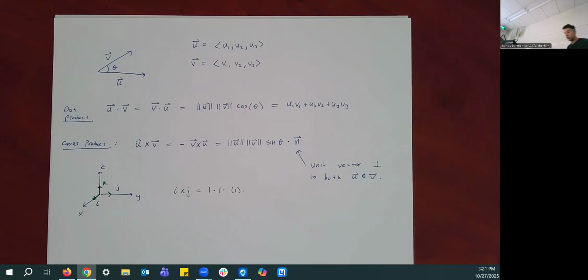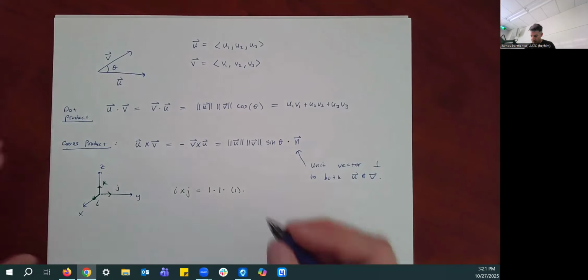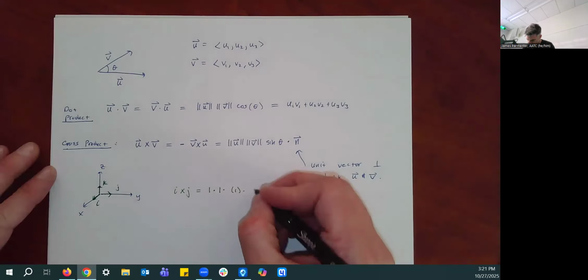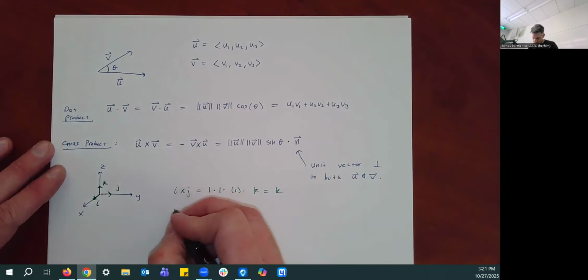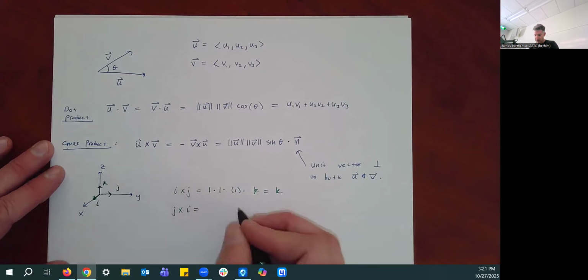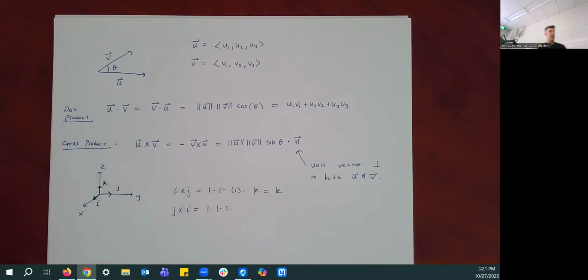So with I cross J, it's got to be in the positive K direction, which is just going to be K. On the other hand, if it was J cross I, it would also be 1 times 1 times 1 times, but now we're pointing in the downward direction because if you put your fingers in the J direction and curl them towards the x-axis in the I direction, your thumb points downwards in the negative K direction.